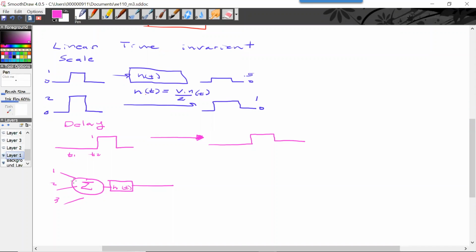So the other one that we're going to talk about is that we can break up a linear sum. If I sum these inputs and then put it into the transfer function, that would be the same thing as summing it after the fact.